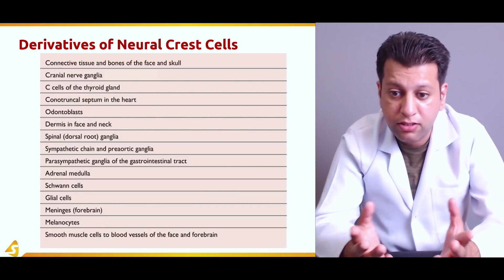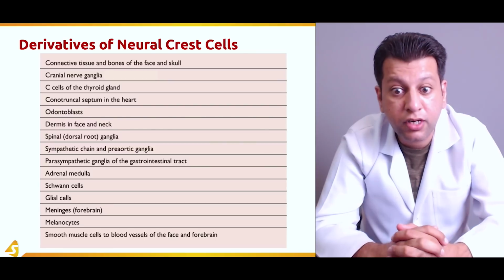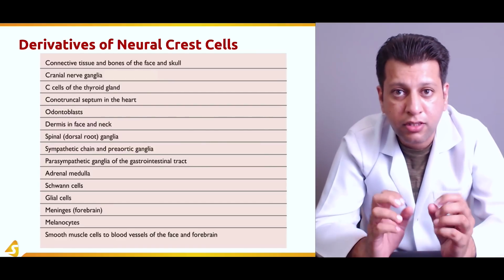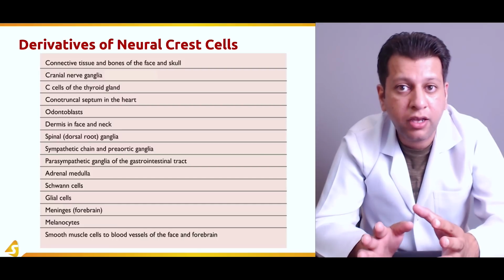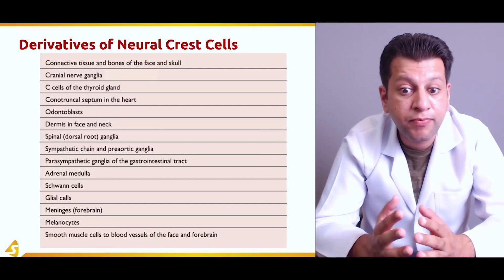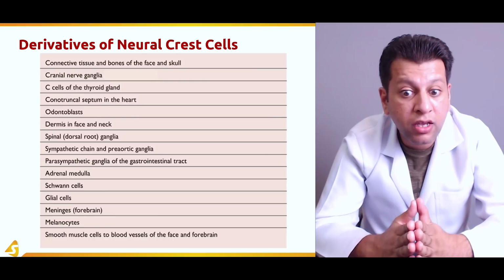So this is a long list of derivatives of the neural crest cells. As they migrate into different structures, they form nervous tissue in different areas of the body. So they form connective tissue and bones of the face and skull. They form cranial nerve ganglia.